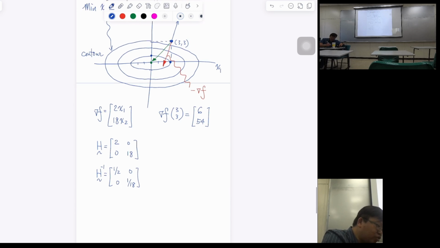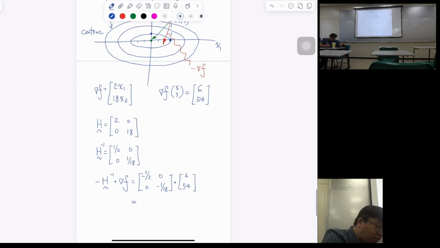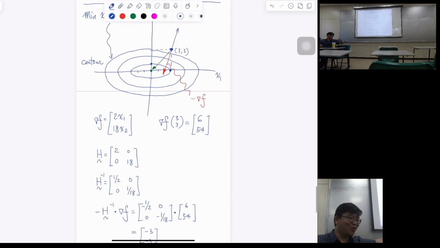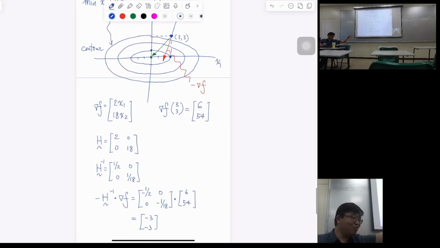And if I do negative inverse Hessian dot product gradient, it's gonna be like 1/2, 1/18 with a negative sign, dot product 6 and 54. So I will have negative 3 and negative 3, right? It's powerful. It directly moves 3, 3 to 0, 0.